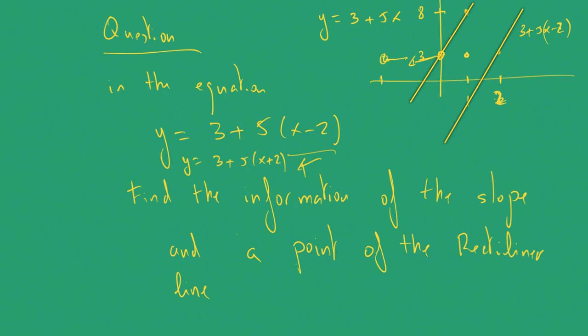This is the point minus 2, and I will place a parallel line to this equation. And this is the equation y equals 3 plus 5x plus 2. Interesting.